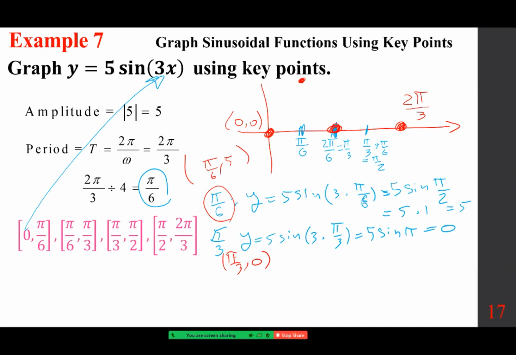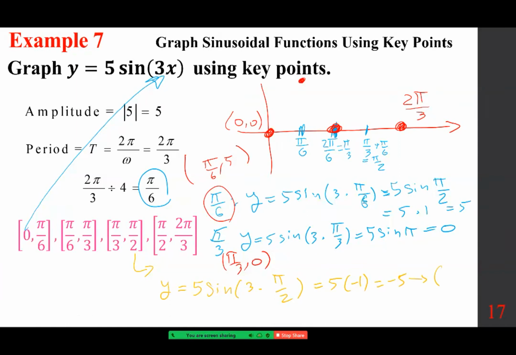All right. Now, let's do pi over 2 also, just in case. If I do pi over 2, then y equals 5 sine of 3 times pi over 2, which is sine of 3 pi over 2, which is negative 1. 5 times that is negative 5.